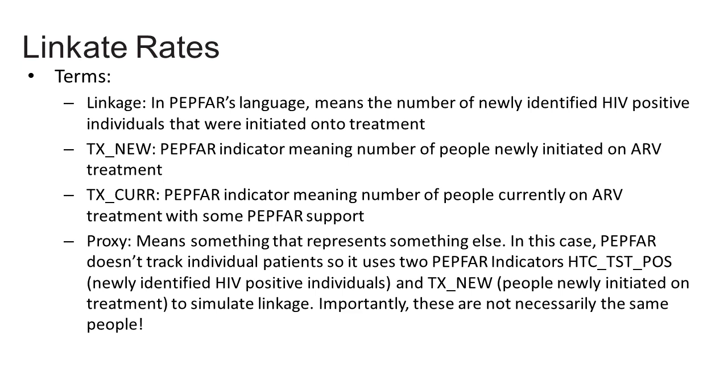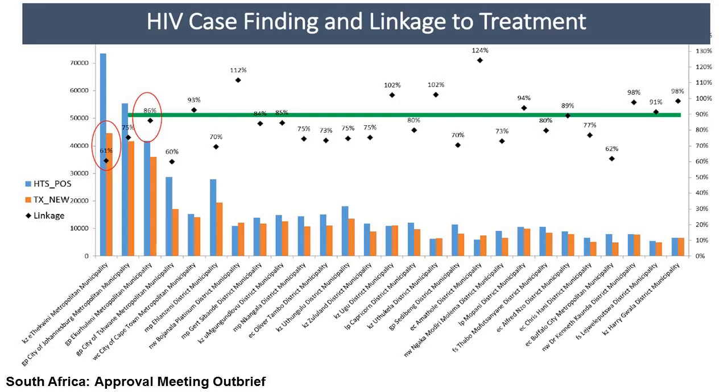So in this case, PEPFAR in almost no circumstance tracks individual patients. So it uses two indicators, those HTS_TST_POS, as well as the TX_NEW, to simulate what the linkage rate is.